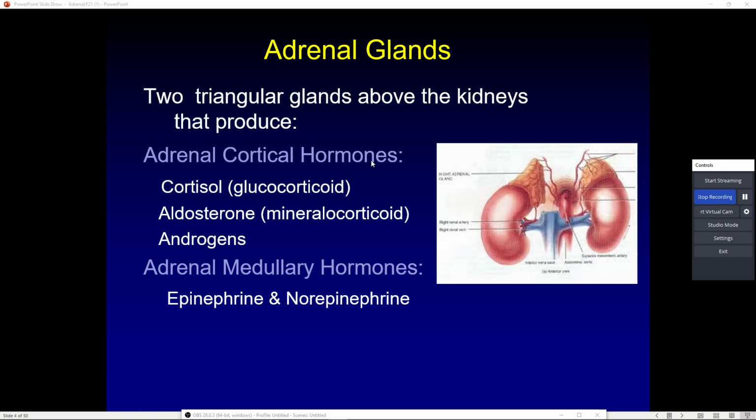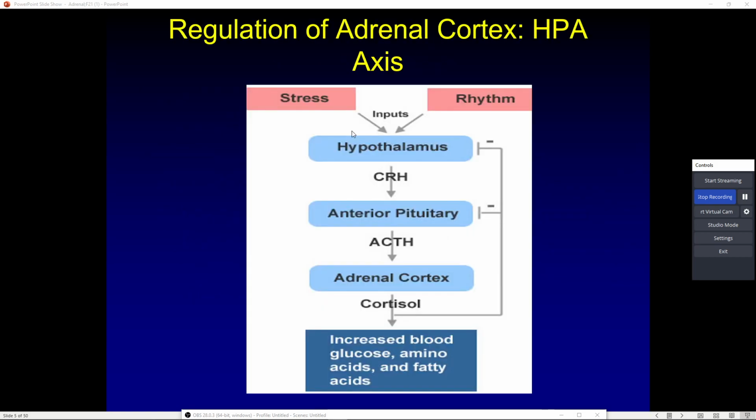So let's continue. You definitely need to know the adrenal cortex HPA axis, the hypothalamus pituitary adrenal axis. We talked about hypothalamus pituitary thyroid. Now we're doing hypothalamus pituitary adrenal. Your body perceives stress, an outside influence on the body, and a perfect example is the fight or flight system. The hypothalamus goes, oh, hey guys, I'm going to release CRH.